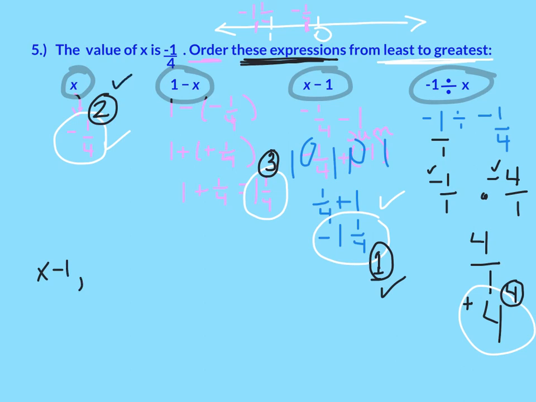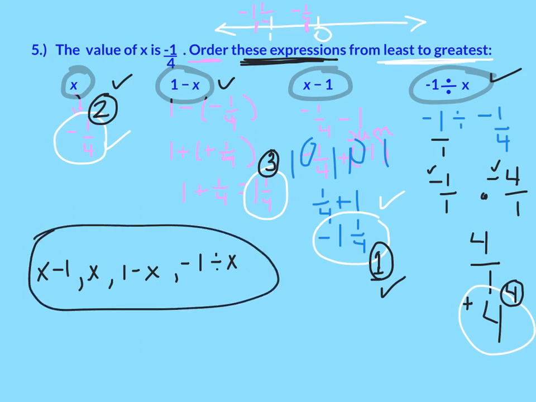Next would be the second one, which is x. Next one would be the third one right here, 1 minus x. And then the only one I have left over here is negative 1 divided by x. There you go. There's our answer from least to greatest. That was fun.